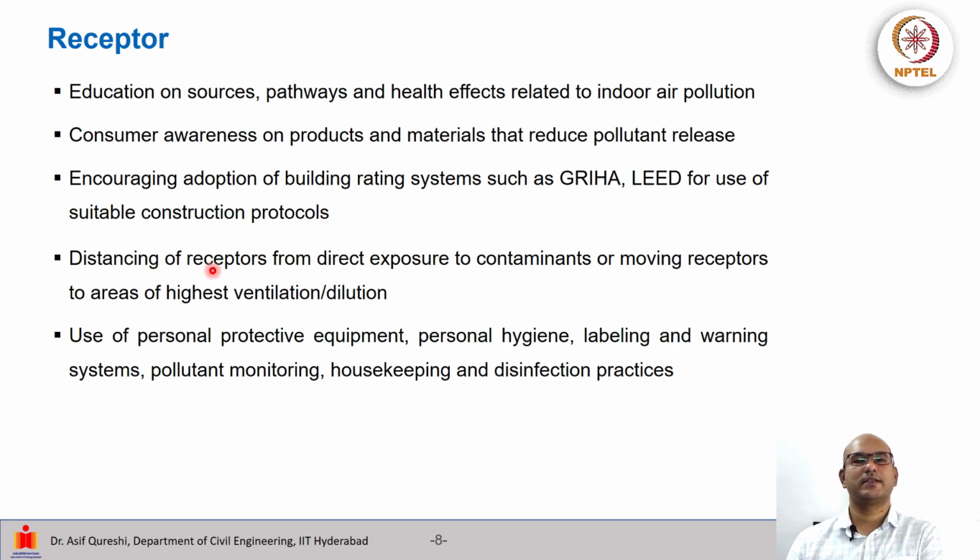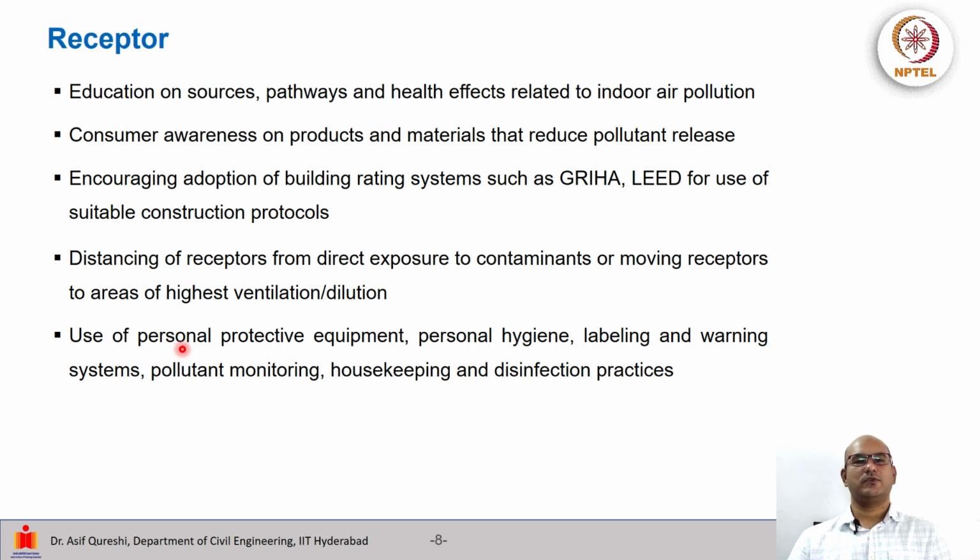One can do distancing of receptors from direct exposure to contaminants, or move the receptor, which is humans, to areas of highest ventilation or areas of high dilution, so that the source is still there, we are just moving ourselves to a place where there is less pollution.